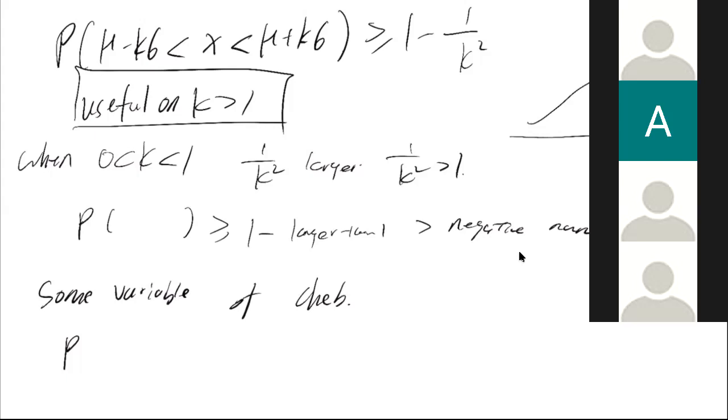What the Chebyshev equation means is, if you have a mean here, a mean minus k sigma and a mean plus k sigma, essentially you are finding this area. You're saying that this area is at least 1 minus 1 over k squared.